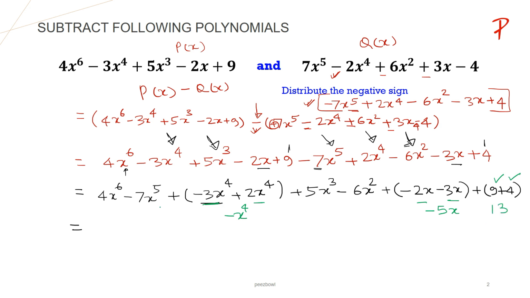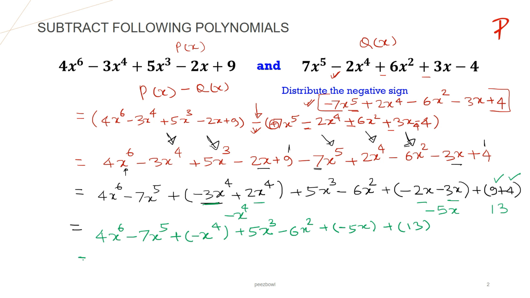So I will write it down. This is equal to 4x to the power 6 minus 7x to the power 5, and this is minus x to the power 4. Let us write it like this: plus 5x to the power 3 minus 6x square plus in a bracket minus 5x plus in a bracket 13.